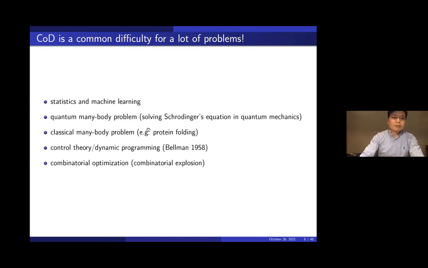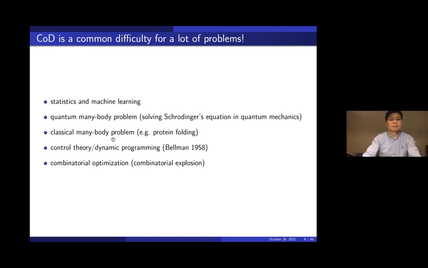Now, curse of dimensionality is not just for algorithms, it's a common difficulty for lots of problems. It's a problem in statistical and machine learning. In statistics, we talk a lot about linear regression, but beyond linear regression, when we talk about nonlinear regression, we very quickly face the COD problem. Quantum many-body problem, solving Schrödinger equations, that certainly has a curse of dimensionality problem.